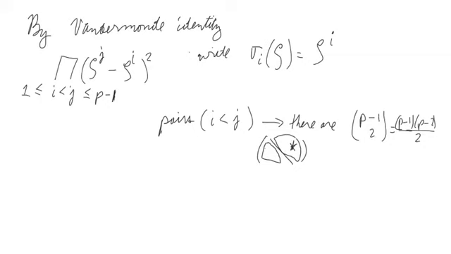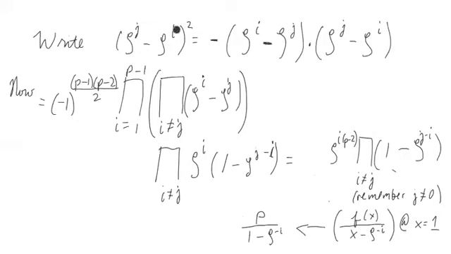Now all those squares that we have, we can split those squares up as follows, where we have the ordering like i then j, then j then i, and in doing so we get a negative. How many negatives do we get? Well, p minus 1 choose 2, so we have that many negatives out here.